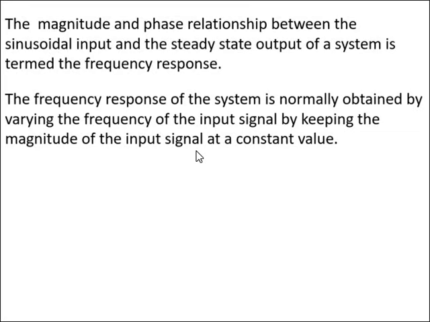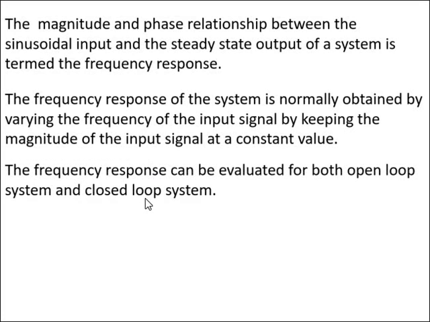That is the condition when we are calculating the frequency response of a system. Next one, the response can be evaluated for both open loop system and closed loop system. So the frequency response can be evaluated or calculated for open loop as well as closed loop systems.